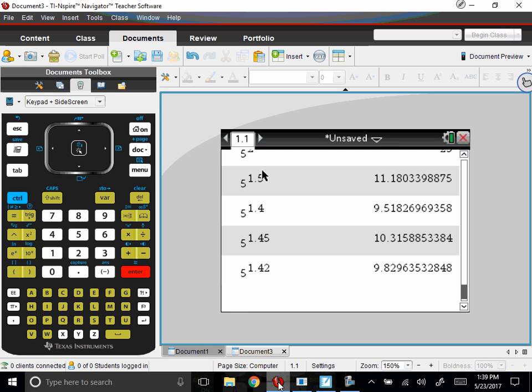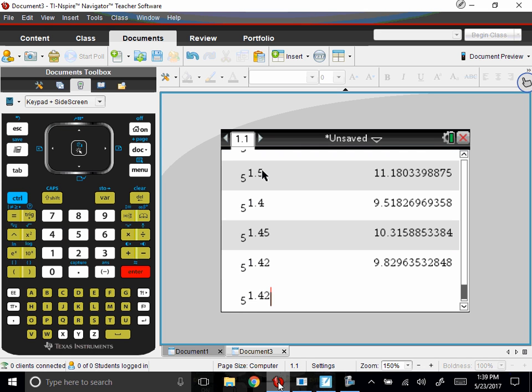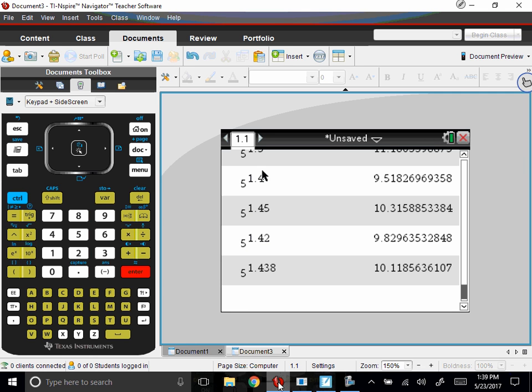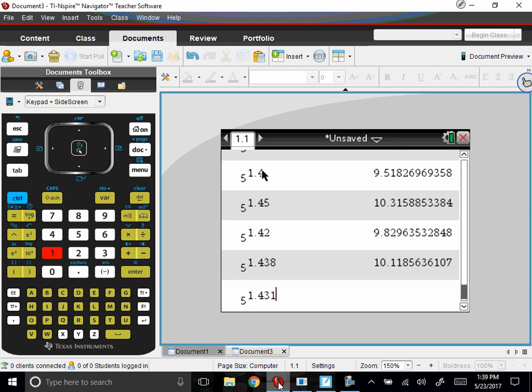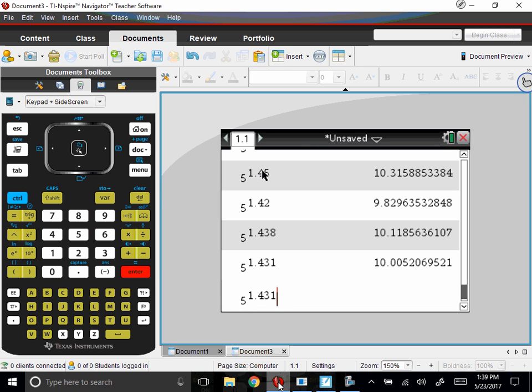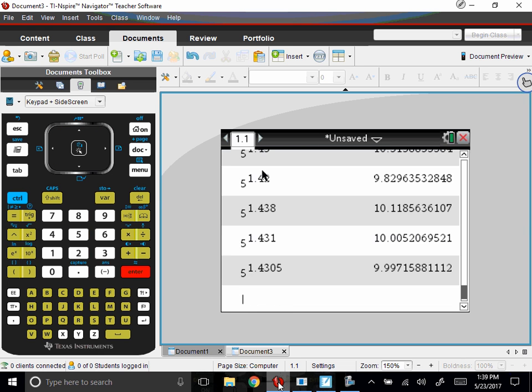It's got to be bigger than 1.4, but smaller than 1.45. 1.431. 1.4305. Do you see how long it's going to take us to find the answer? This is why logs.